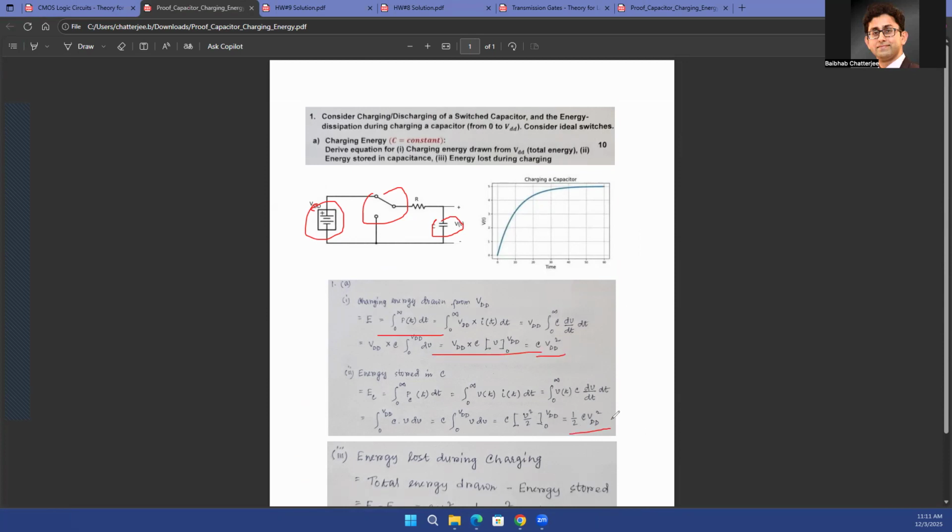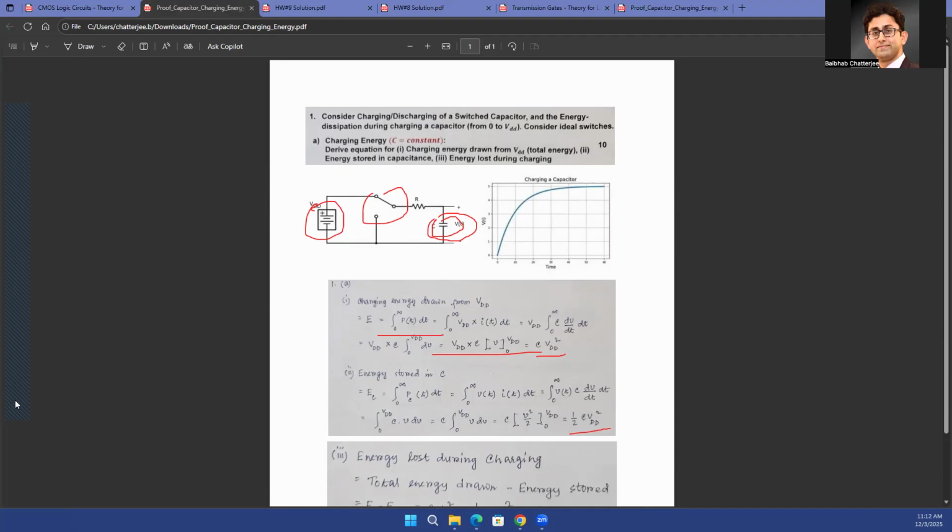Out of that, half CV squared gets stored in the capacitor, and half CV squared gets lost when you're charging. When you're discharging, that half CV squared energy originally stored in the capacitor is lost during discharging. So you lose half CV squared during charging, and half CV squared during discharging. We figured out how to do that calculation in our last lecture.